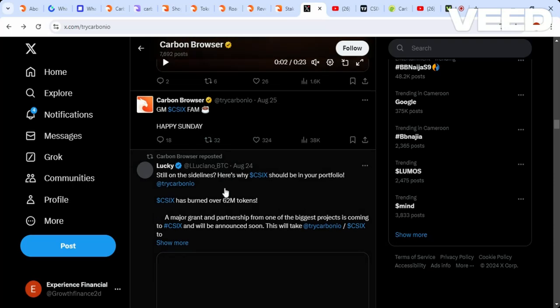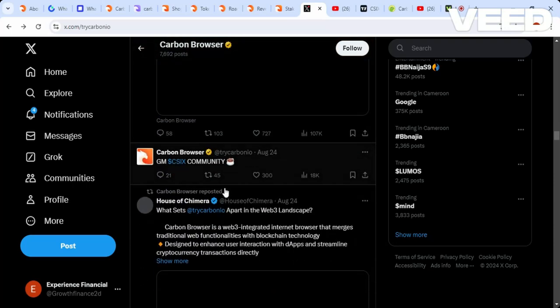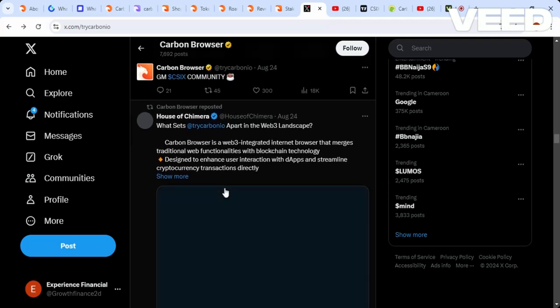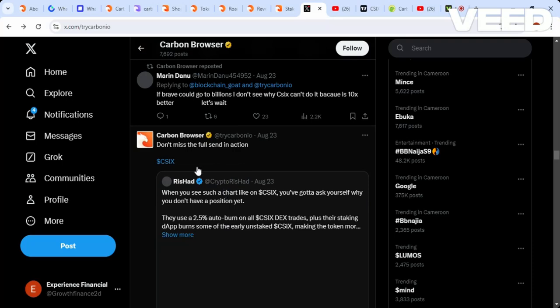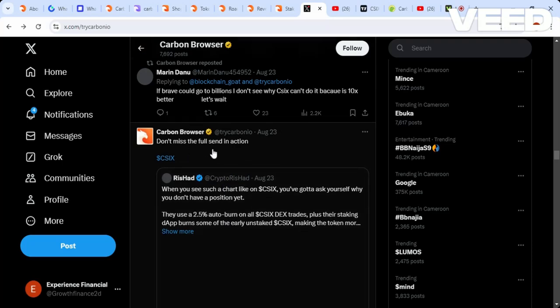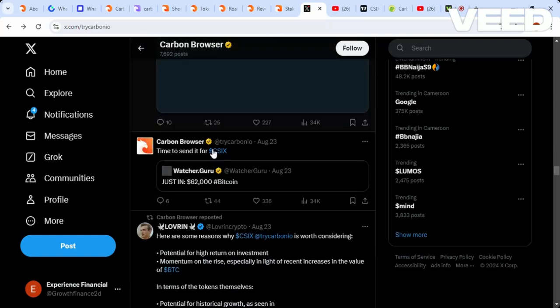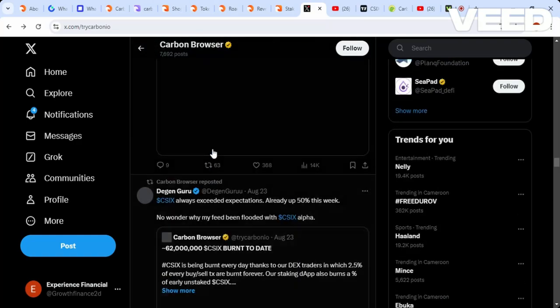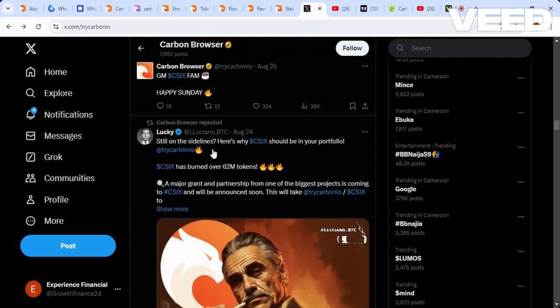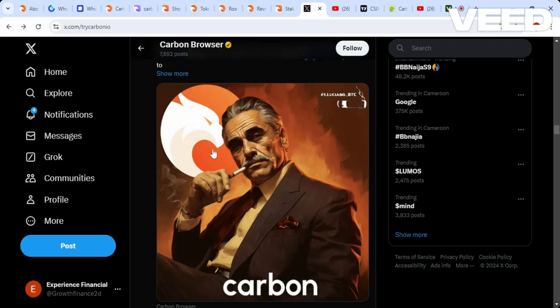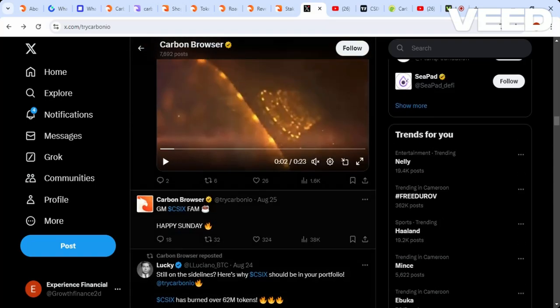We can see here, but the rest are retweets. So all they have been doing is retweeting the posts of different influencers who have been talking about the Carbon browser.